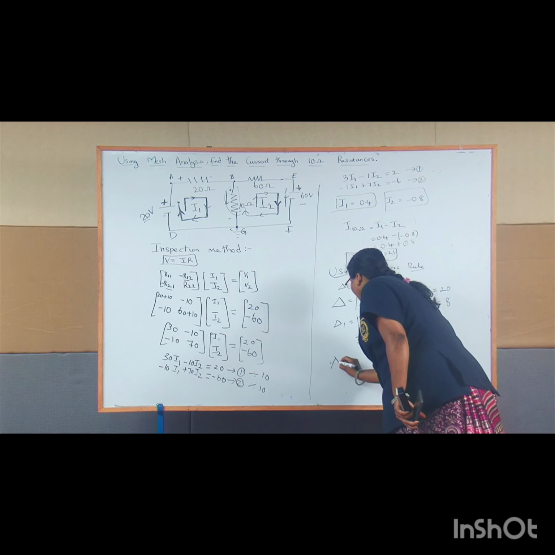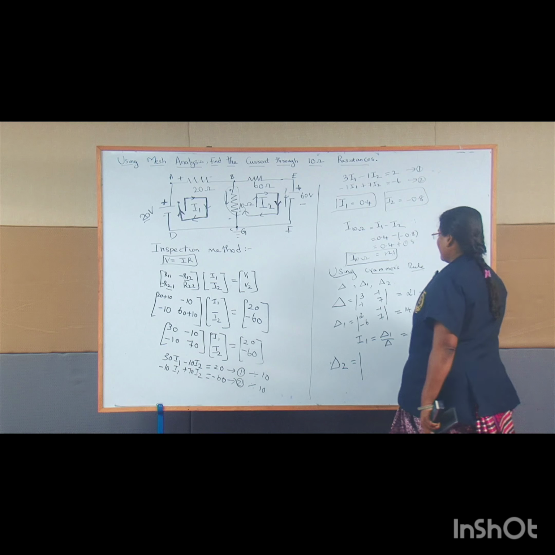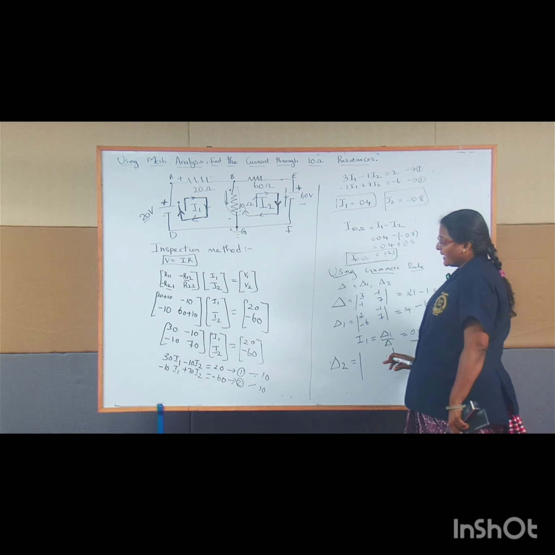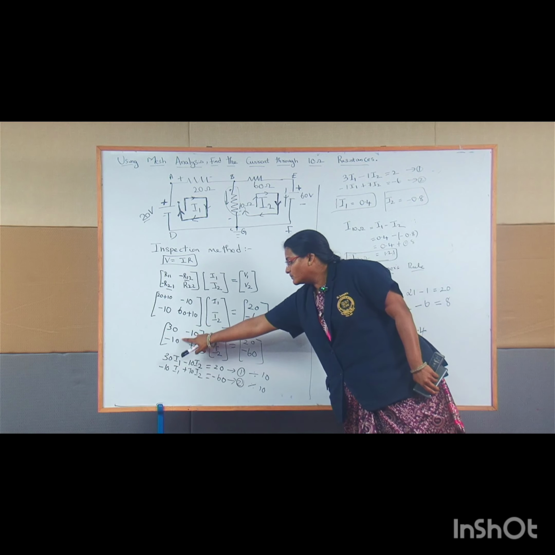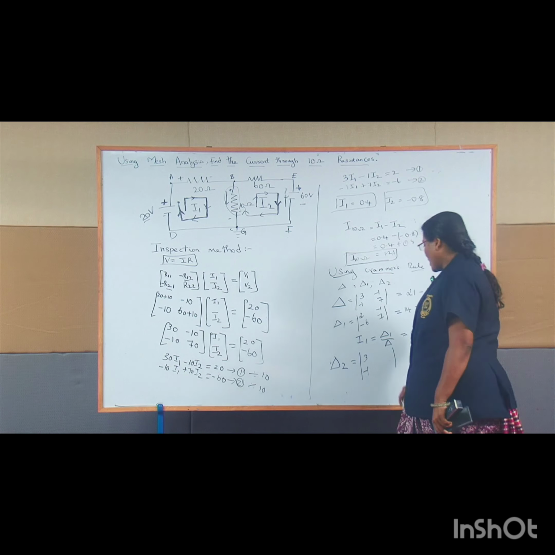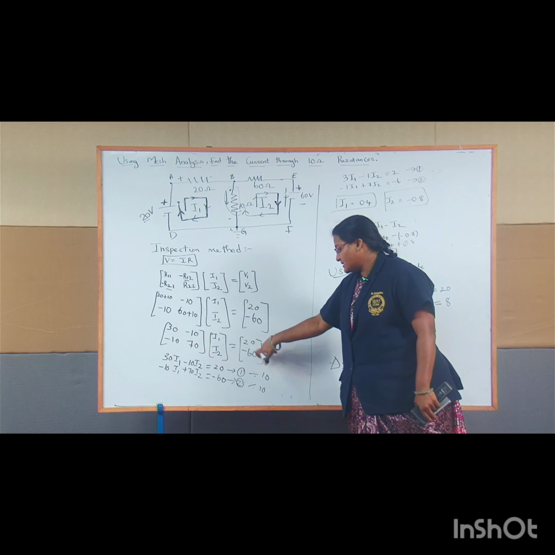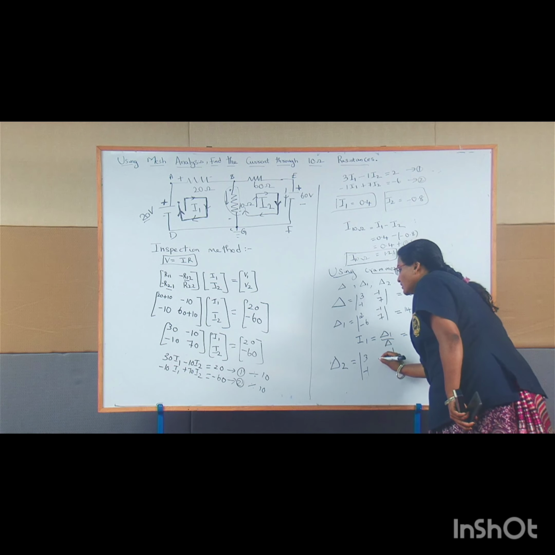Similarly, you have to find your del 2 value. For del 2, you replace the second column. So, here it is 3, minus 1 as it is, and instead of 10 and 70, you replace with 20 and 60, divided by 10, so 2 and minus 6.